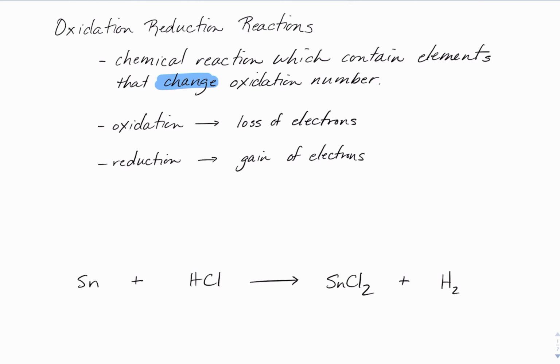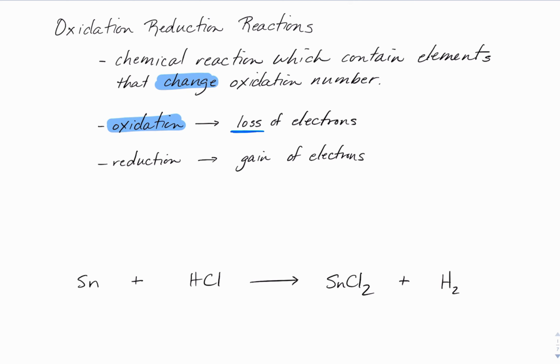And so we're going to be looking at how oxidation numbers change, and this is essentially a movement or transfer of electrons. When something is considered oxidized or is in the oxidation state, you are losing electrons, so you have gone down in electron number.